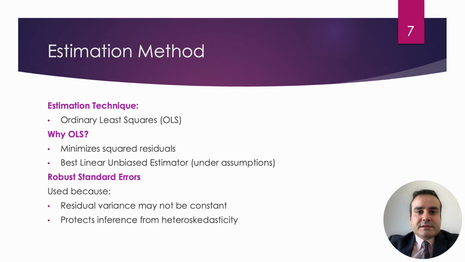To address this, I used robust standard errors, specifically the HC1 correction. Robust standard errors adjust for potential heteroscedasticity and ensure that the p-values and confidence intervals remain valid even if the error variance is not constant. This strengthens the reliability of our statistical inference.